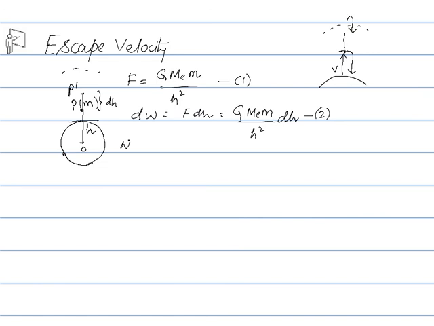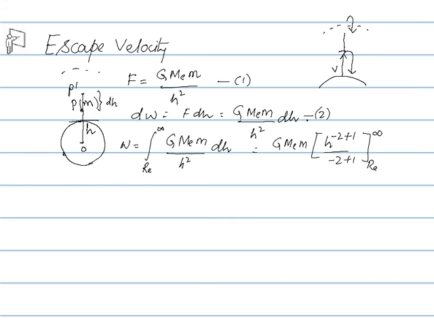Say the total work done to move it to infinity can be obtained by integrating this equation from the radius of Earth to infinity. So this is G M_e m by h square dh. So this is G M_e m, integration of h to the power minus 2, which is h to the power minus 2 plus 1 by minus 2 plus 1, from the radius of Earth to infinity.